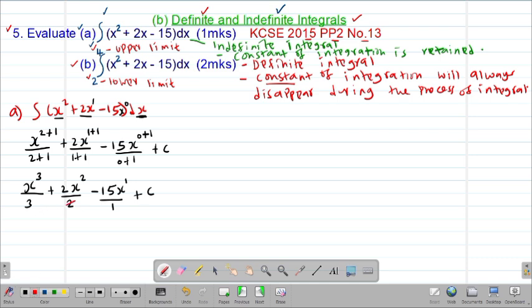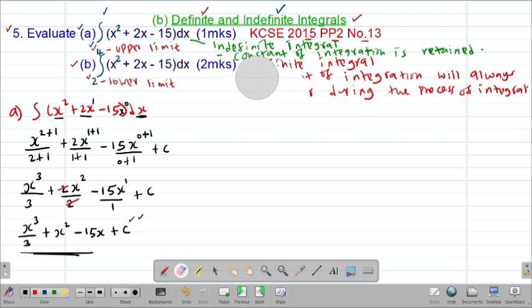Clearly the 2 and 2 cancel out. So we remain with x cubed over 3, plus x squared, minus 15x, plus c. Therefore, this is what we call our indefinite integral. You can see that the value of c is not defined.